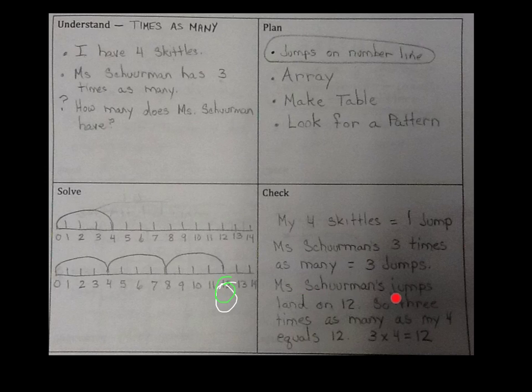Miss Sherman's jumps land on 12, so 3 times as many as my 4 equals 12. Pause this right here, friends, and take a look at your paper to make sure you understand how to do times as many.